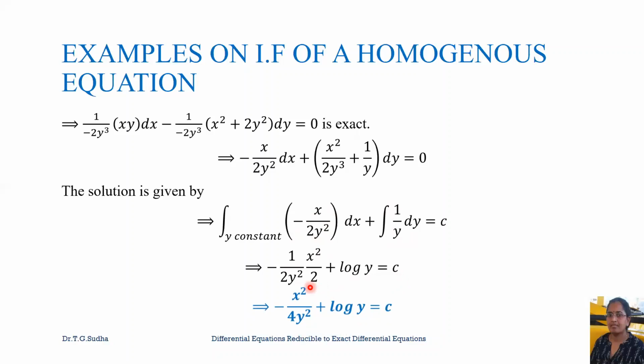And when we multiply this 2 into 2 in the denominator, we get 4. So we get minus x square by 4y square plus log y equal to c. And this is the required solution to the given differential equation.